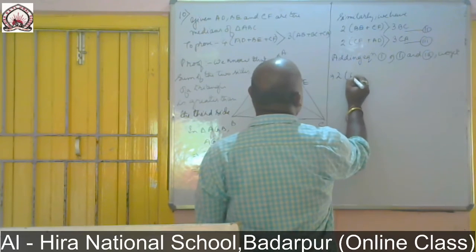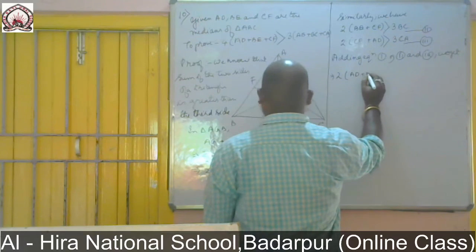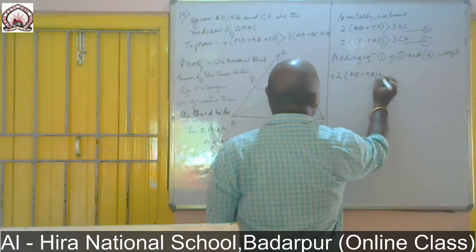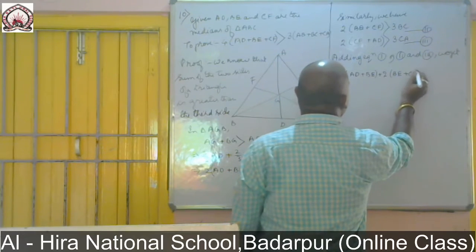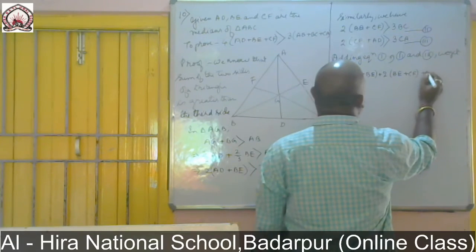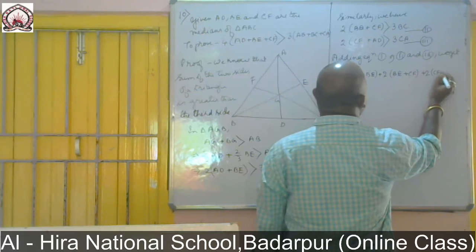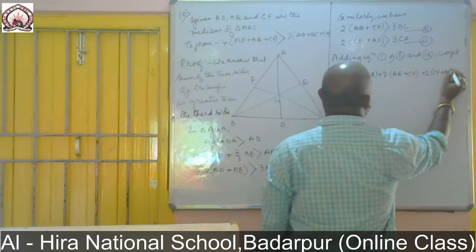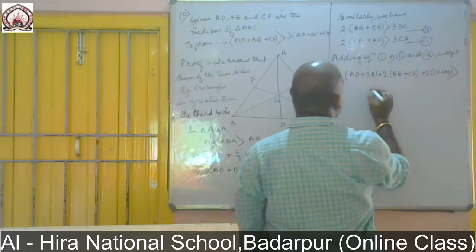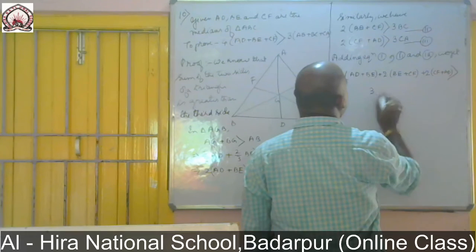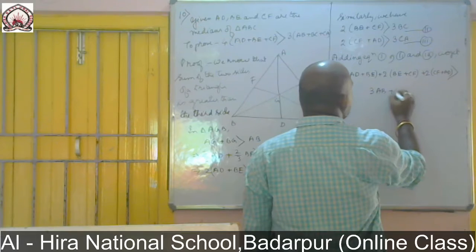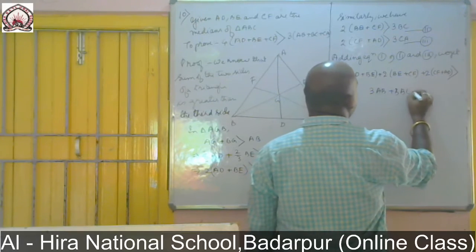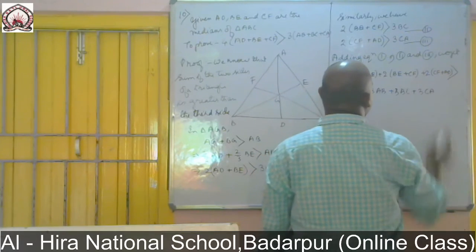Twice of AD plus BE plus twice of BE plus CF plus twice of CF plus AD is greater than 3 times of AB plus 3 times of BC plus 3 times of CA.